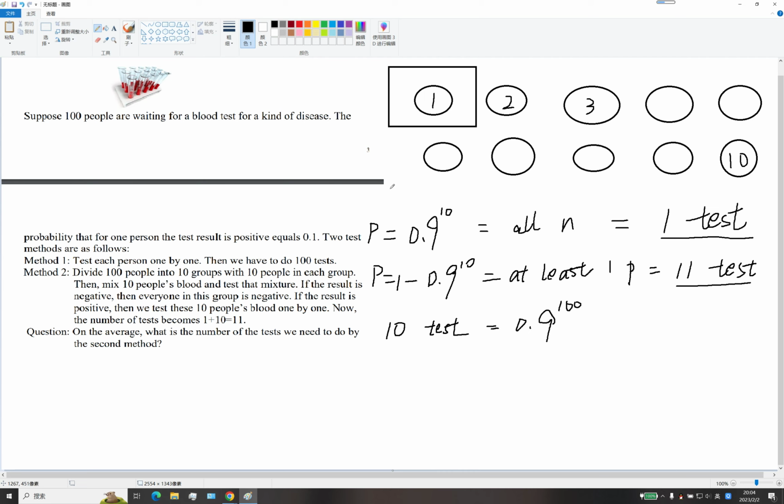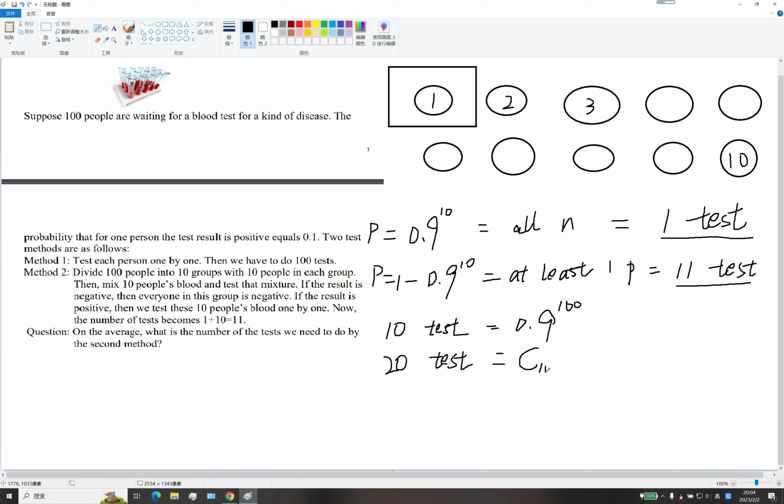And the second situation is that one of the 10 groups has a positive, so we have to do 20 tests. Which one of the groups has the positive doesn't matter, so we can randomly select one of them.